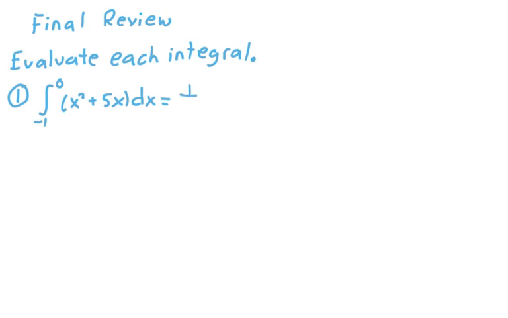So this is 1/3 x cubed plus 5/2 x squared evaluated from -1 to 0. So we're going to apply the fundamental theorem. I'm going to replace x with 0.